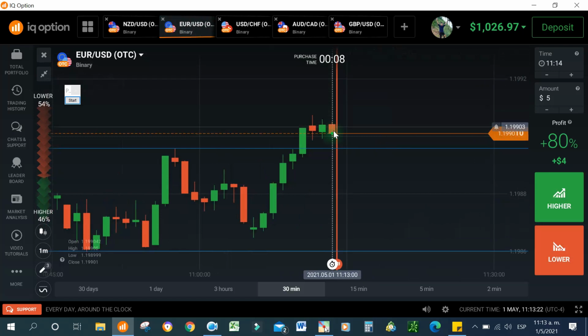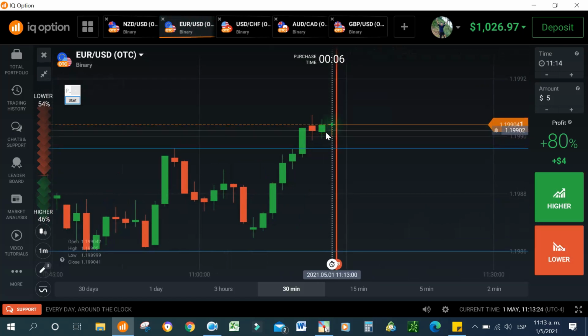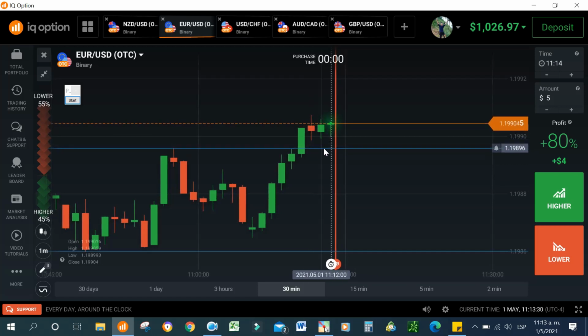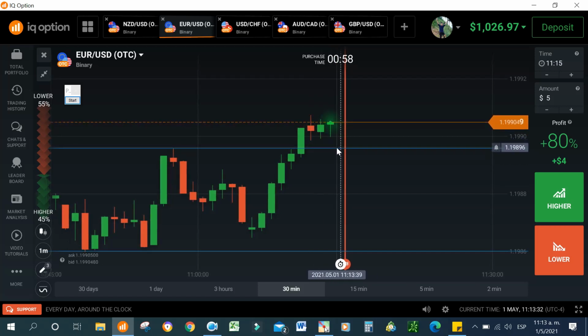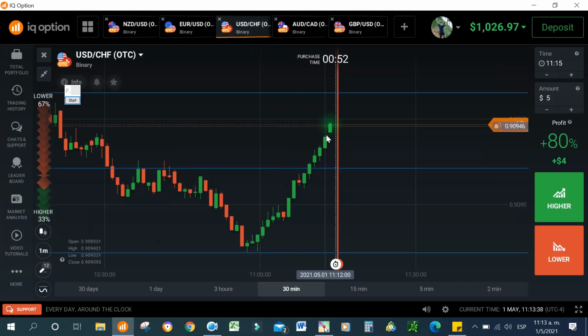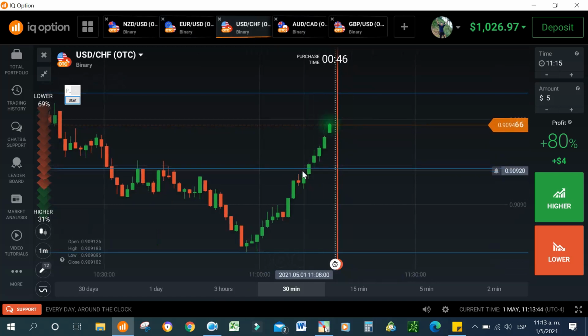Let me see if it does what I would like to see. I mean, to touch or get a little bit closer to this blue line. I can make another entry, and here again, this was a great break up.